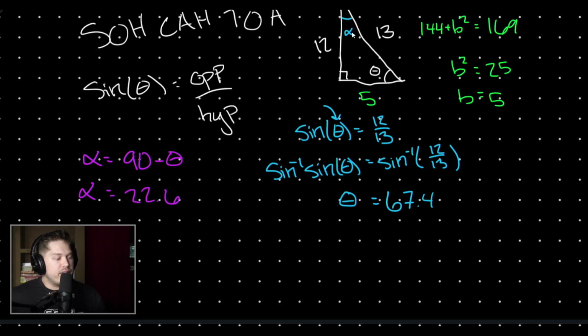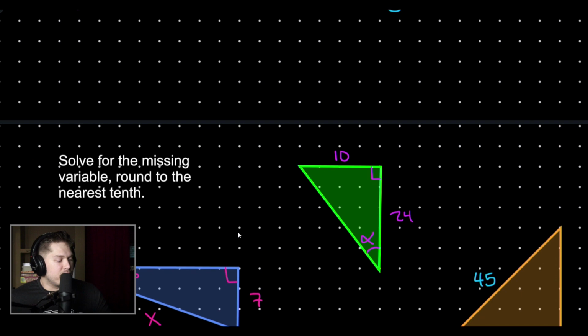To find the missing angle alpha, we just did 90 minus theta, as both theta and alpha must sum to 90 degrees, as this is a right triangle. So if we subtract our already known angle from 90, then we will have our second unknown angle that I called alpha. Excellent. Let's move forward.